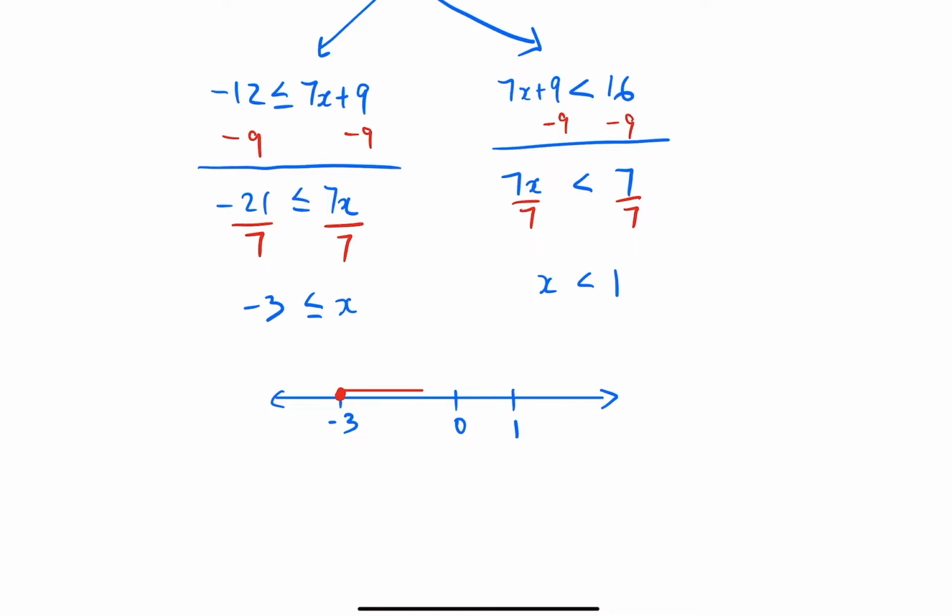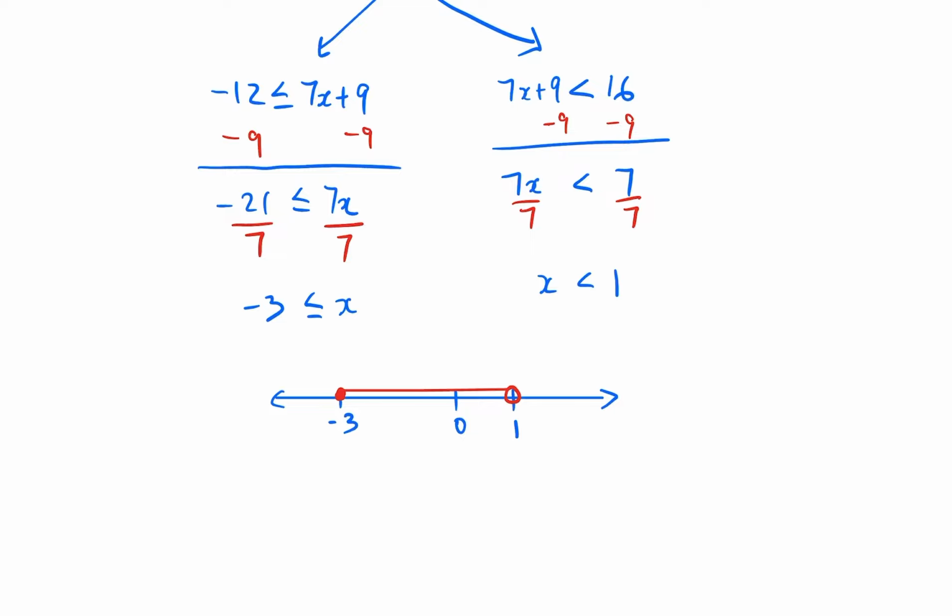We're going to stop there because we need to take care of this one. This one says x is less than 1, so we're going to create an open circle on 1. And because it's less than 1, we're going to draw a line in this direction.